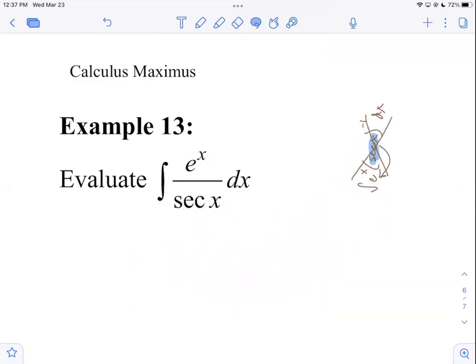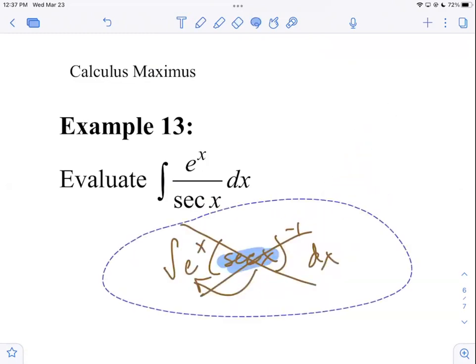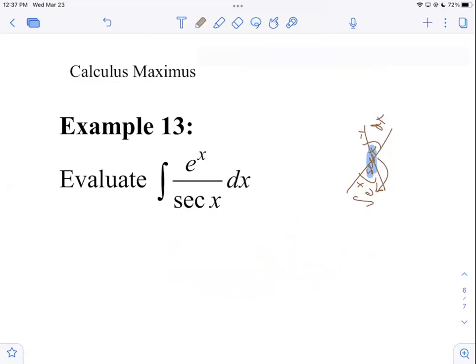What else can we do? If I bring secant to the top, I can call it its reciprocal function, which is cosine. Now, that doesn't really help me either, because now I have a product and there really is no inside function other than x, whose derivative is 1. But this one has a double repeater.